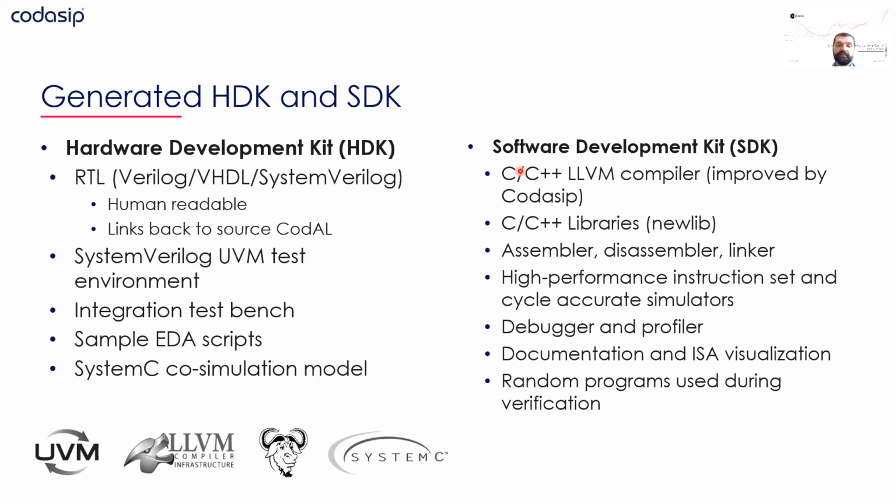Then you have the debuggers, profilers, documentation generator, ISA visualization, and for verification purposes, there is also a random program generator, or the programs that were generated by the random program generator. So this is just the highlights of the outputs that the Studio can give you from the single source processor description.